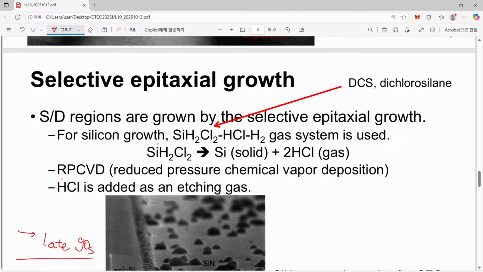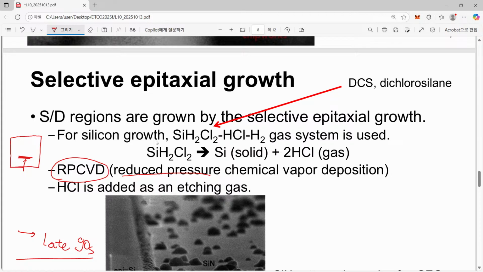The point is, now we introduce this kind of thing. First of all, we use reduced pressure chemical vapor deposition. What is it? I have a little idea about that. But reduced pressure means that its pressure is much lower than air pressure. In that case, we have a certain chamber, and instead of heating the entire chamber, we have only one place for one wafer, and this wafer is locally heated.